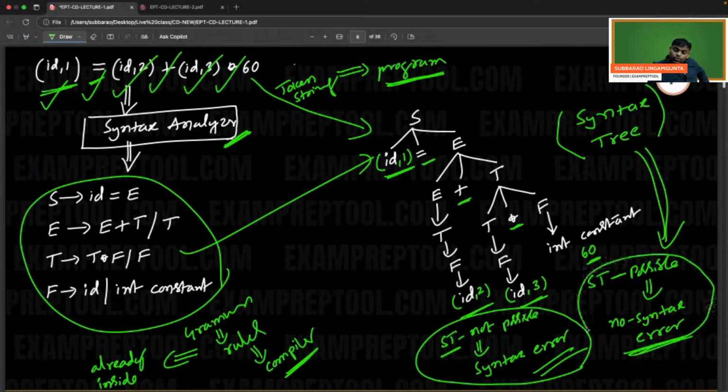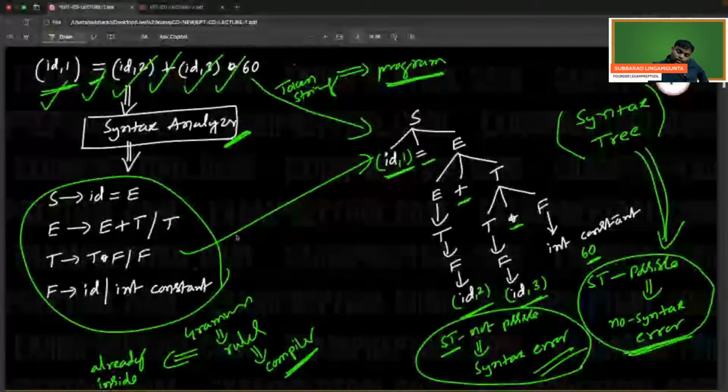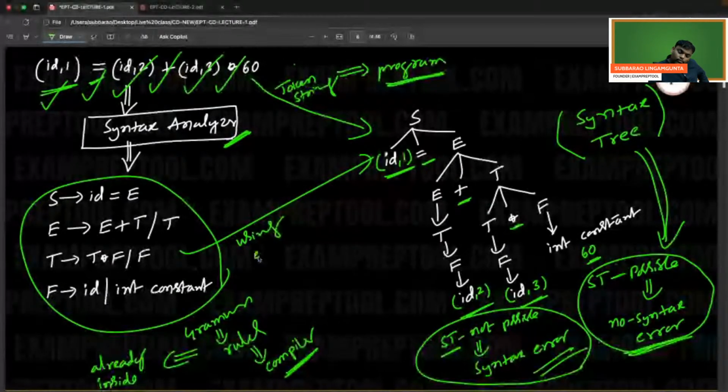So listen, using existing rules. Compiler installed means rules are already there. Using existing rules, for the given program, try to draw the tree.